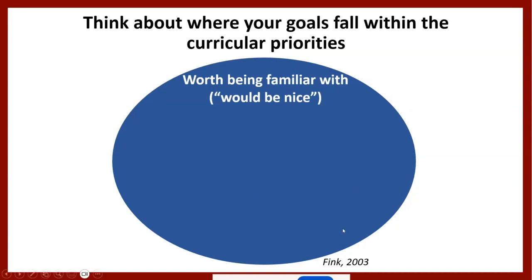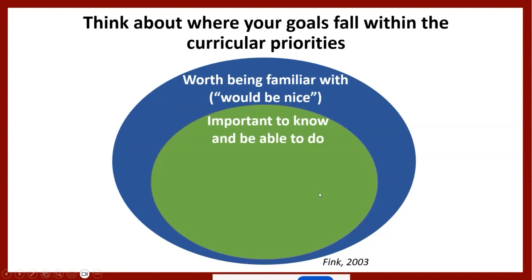There is the entire textbook or whatever it might be, everything that would be nice for our students to know. However, we know that there's reality. There's also what is important of that circle. There is what is important to know for them to be able to do those skills, those abilities, those mindsets that you want.